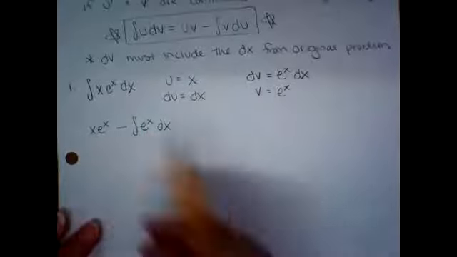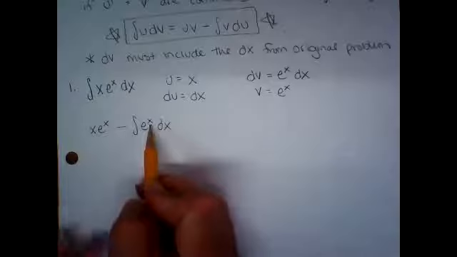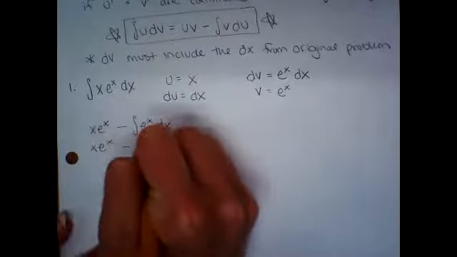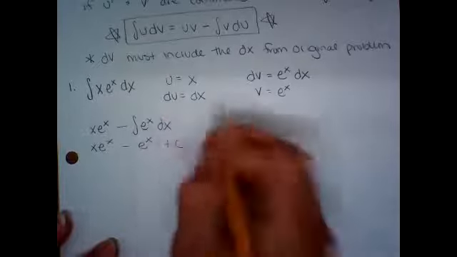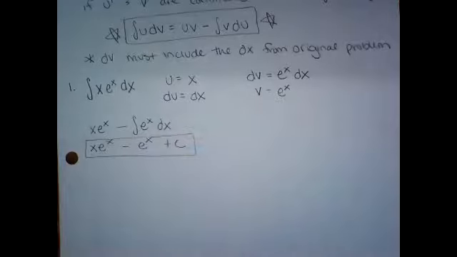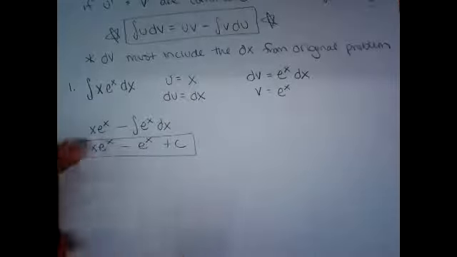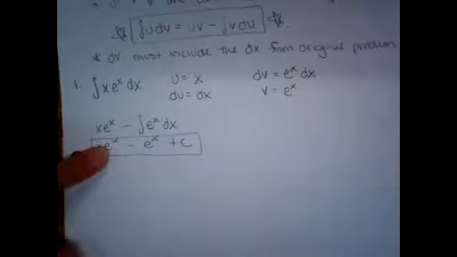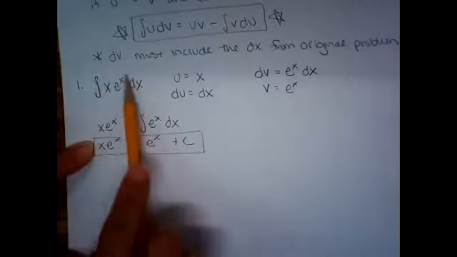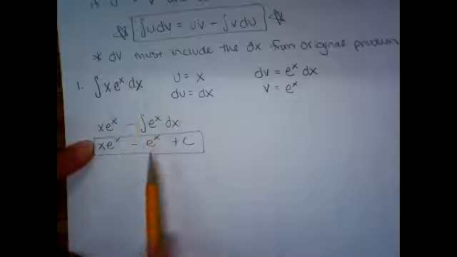So there's two antiderivatives there. But again, I made the first problem simple. Antiderivative of e to the x is e to the x, and then we'll put the plus c at the end. So this is the answer. But you can do this if you want, if you don't trust me and you want to check. If you do the derivative of this, you will get this. We just did it backwards.